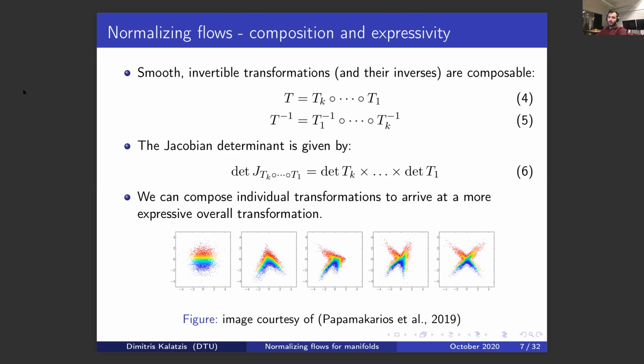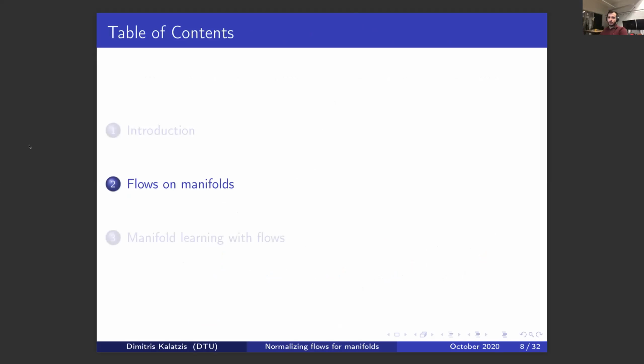In the example below, the density shown on the far left is being transformed by a flow model comprising 4 layers into the density that is shown on the far right panel. So with this, we conclude the very short introduction to the basics of normalizing flows.